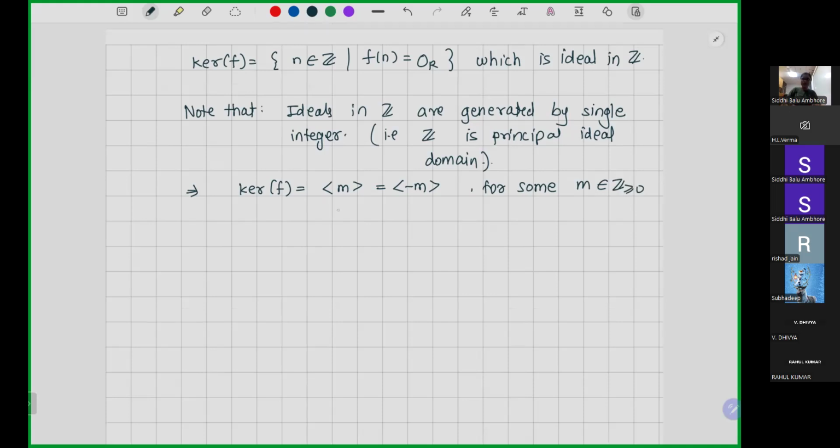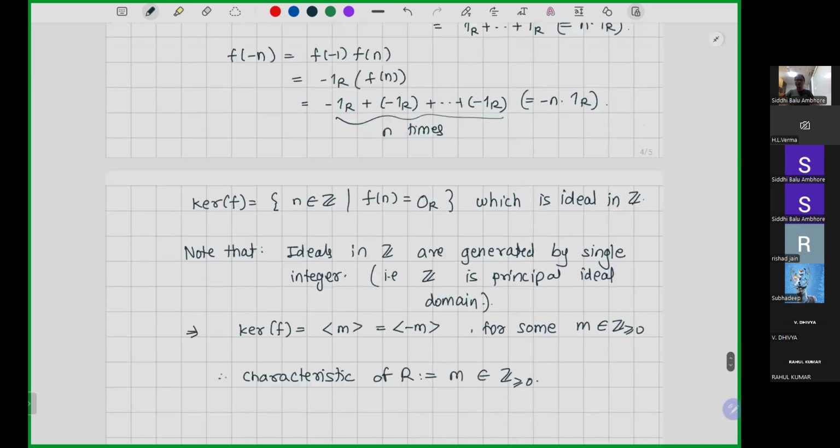And now what they are saying is that this m needs to be unique. Once we say that the generator of an ideal is a non-negative integer, it becomes unique. If it is an ideal, it is generated by either m or minus m, and the moment we say that we want the generator which is non-negative, it becomes generated by a unique number m, and this m is now called the characteristic of R. So the characteristic of R is this m, which is some non-negative integer.